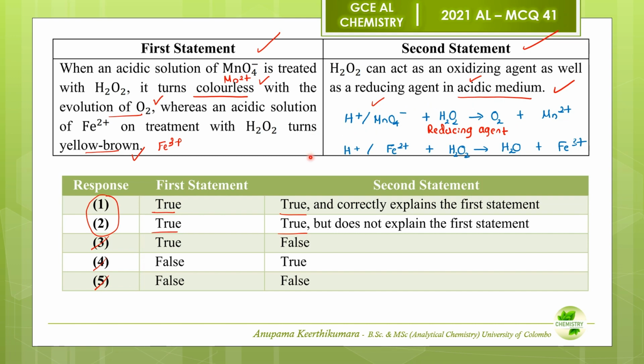In the second reaction, hydrogen peroxide is reduced to water while Fe2+ ions are oxidized to Fe3+ ions. Therefore, hydrogen peroxide acts as an oxidizing agent during the second reaction. The second statement says hydrogen peroxide can act as an oxidizing agent as well as a reducing agent in acidic media. Therefore, this second statement correctly explains the first statement. The answer is number 1.